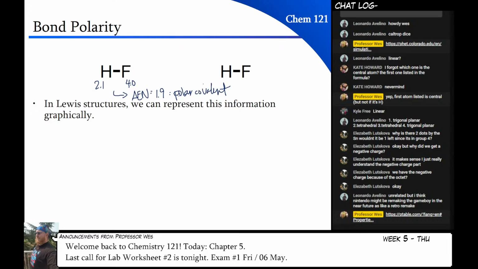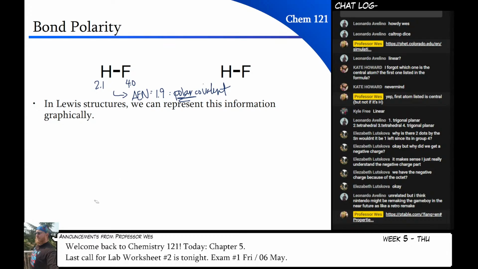If it's polar, I cannot do this. These would be for something that was ionic, right? Because it makes ions. So, it's not ionic. We just said that. It's polar covalent. So I cannot put whole charges on my molecule.